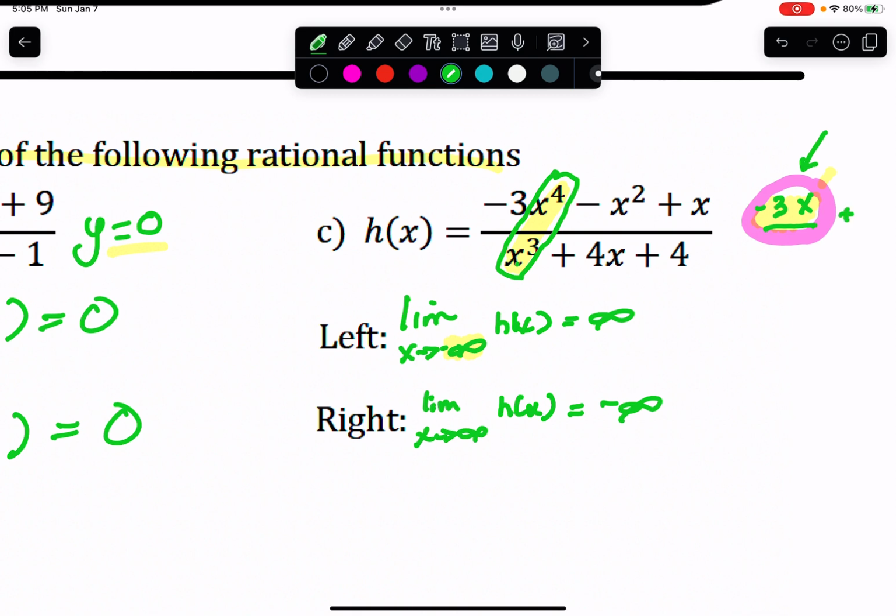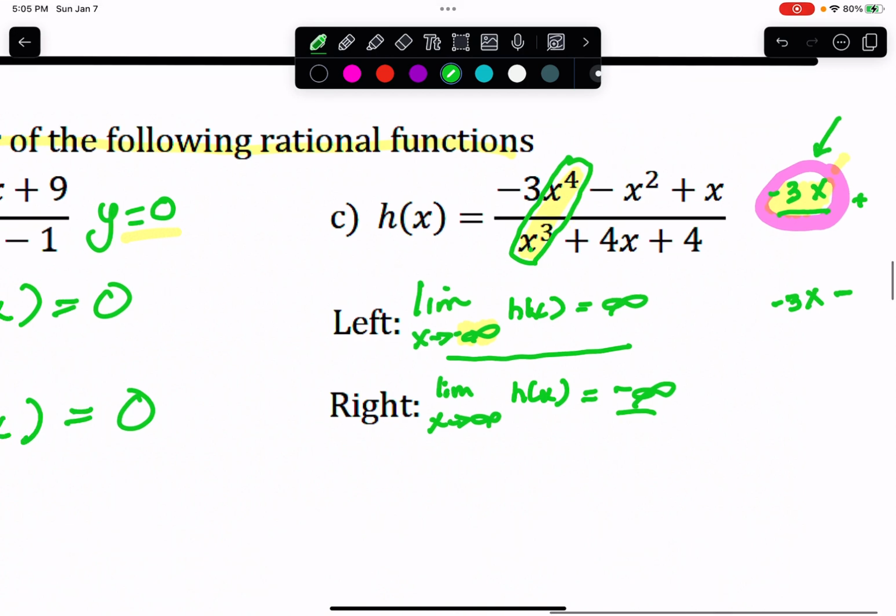So I got that it would go to positive infinity. And if I put in more and more positive numbers, 500, 600, 700, it would always be negative, so it would be going to negative infinity. So that's how you do that one.